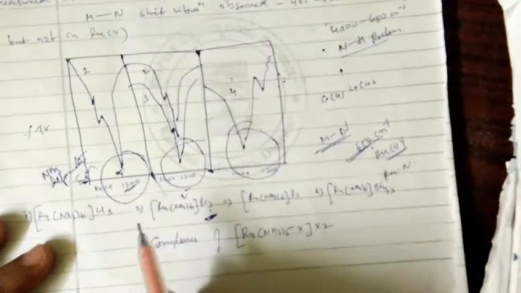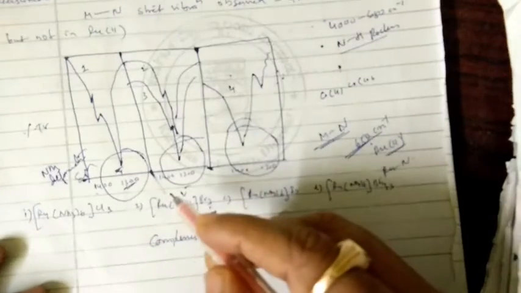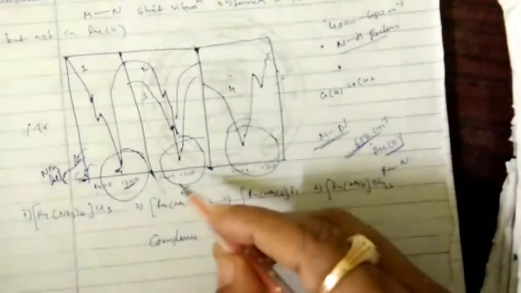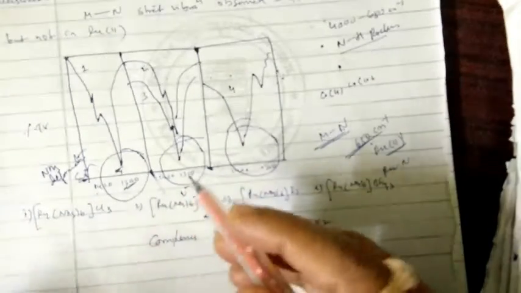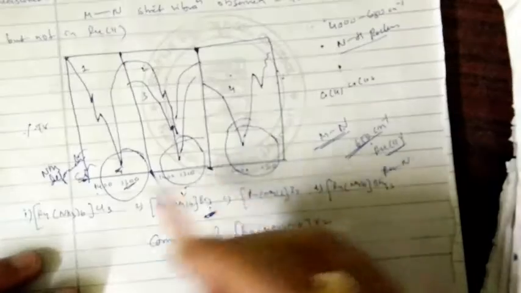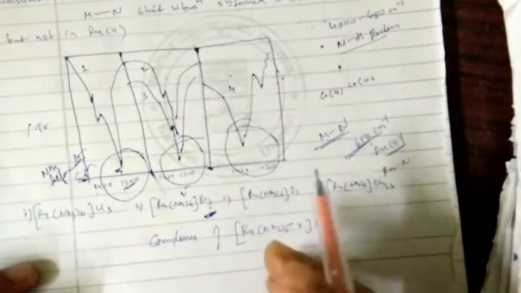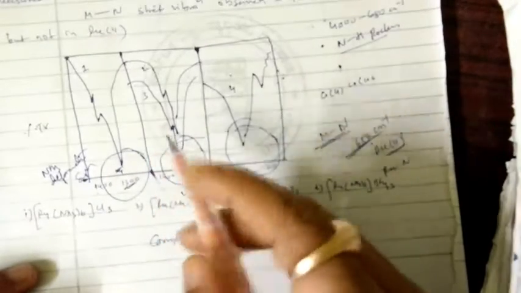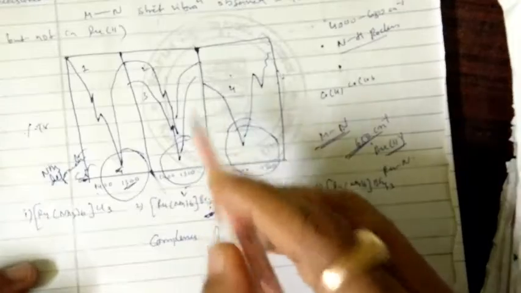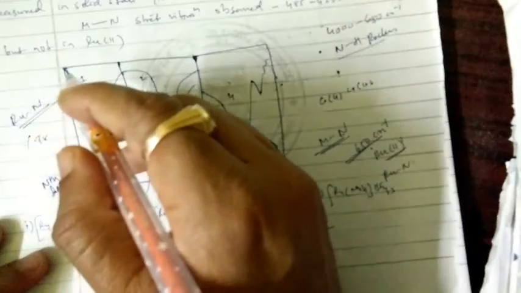Even a weak band at 437 per centimeter is not there here. We have not shown ruthenium nitrogen stretching vibrations, but I have seen some papers where they have been reported.